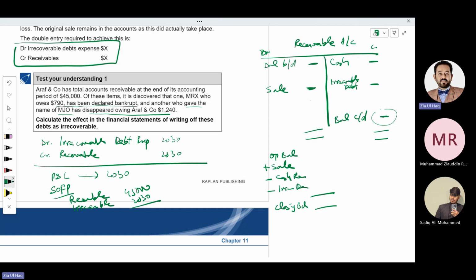And what is the remaining amount? 42970. So this figure will be recorded as asset in statement of financial position, and this will be recorded in profit and loss account. Can you understand this?